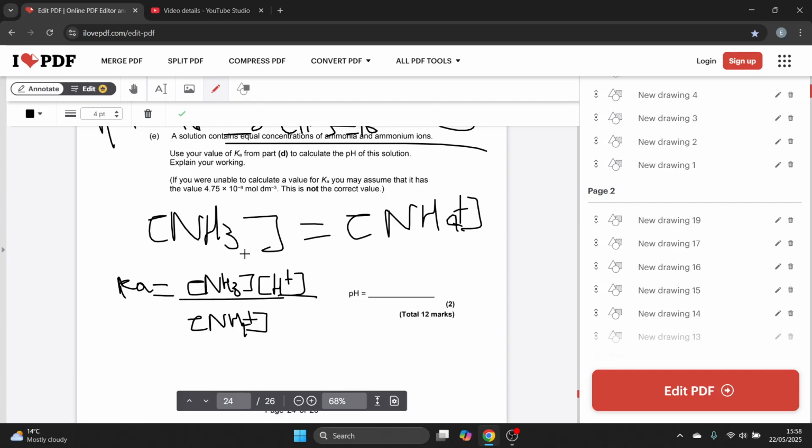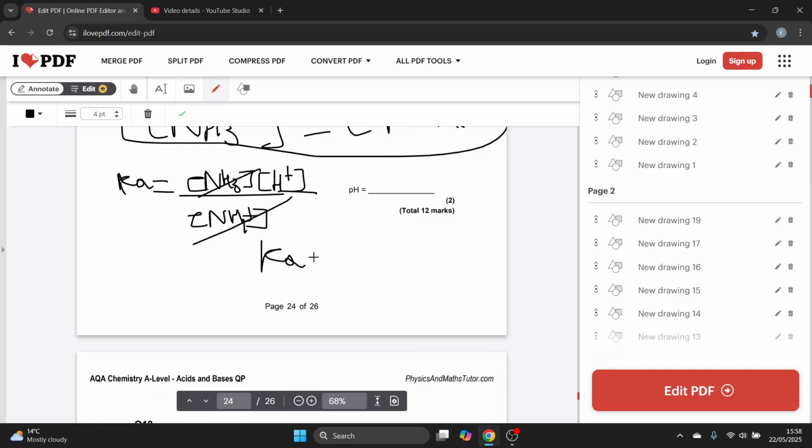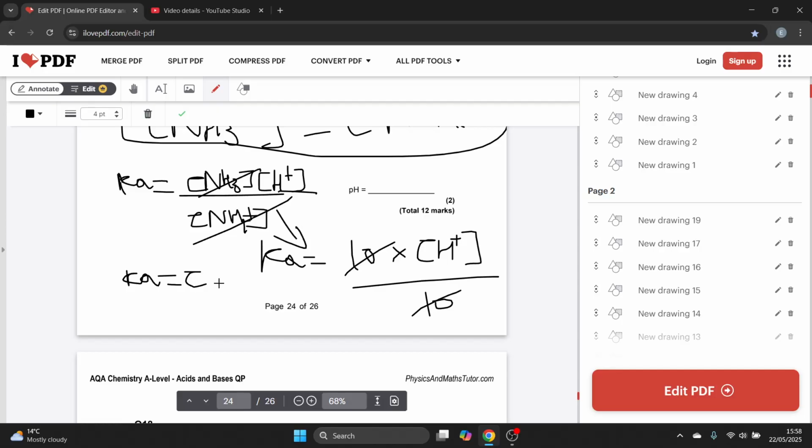Well, what do you notice? If, according to this question, a solution contains equal concentration of ammonia and ammonium ions, then these cancel out. Let's work with numbers, for example, 10 times H plus over 10. These 10s will cancel out, and therefore I'm left with Ka equals concentration H plus.